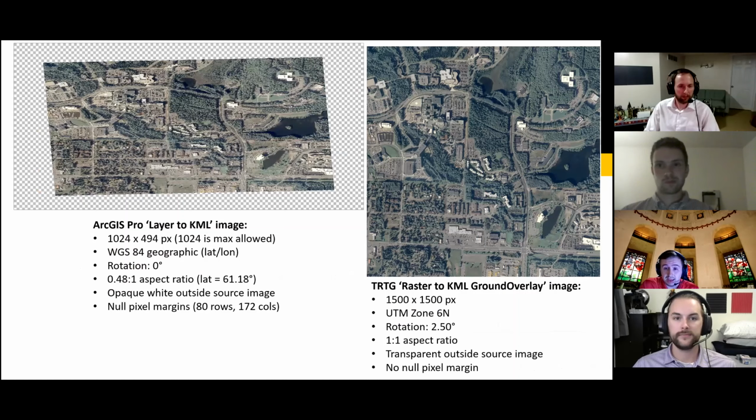And again, as Graham mentioned earlier, it only allows for up to 1024 pixels in maximum length or width. With our tool, we can adjust length or width, we can adjust aspect ratio. It adjusts for rotation, so you won't have this extremely stretched image. And there's no null pixel values in the margin.